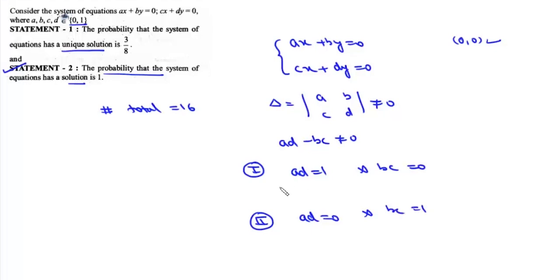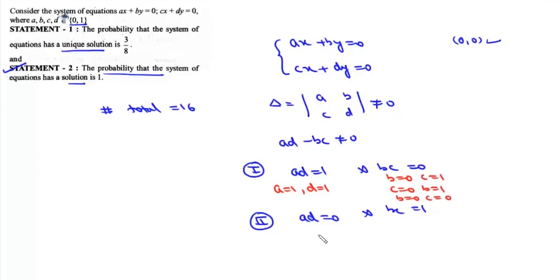Now if AD is 1, then A should be 1 and D should be 1. Now if B into C is 0, we can have B0 C1, C0 B1, or B equals 0 and C equals 0.